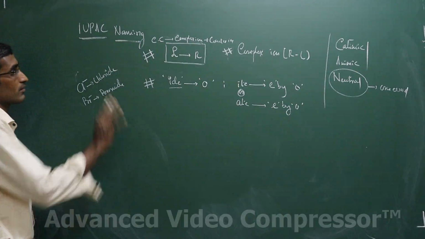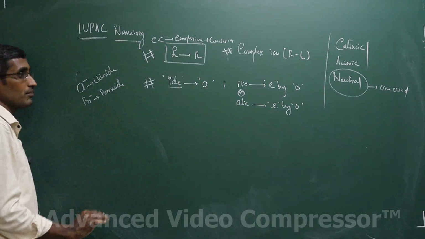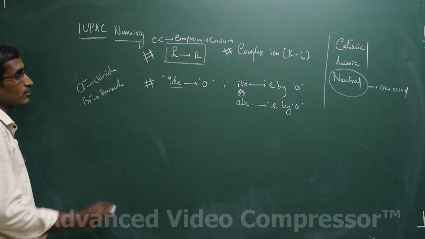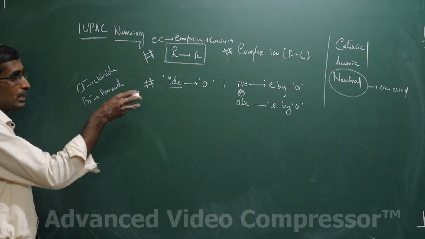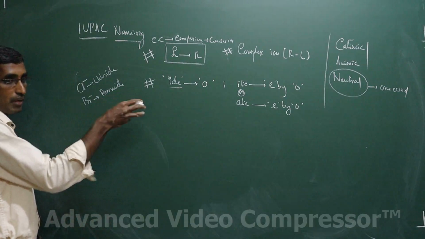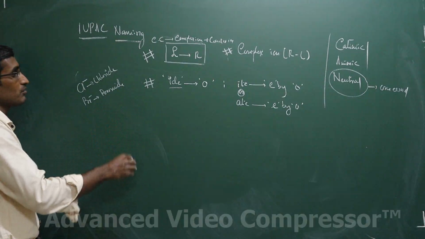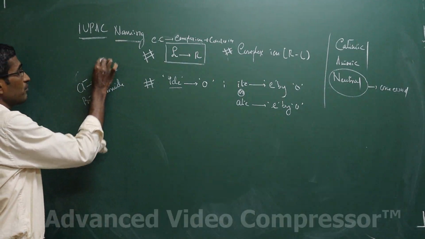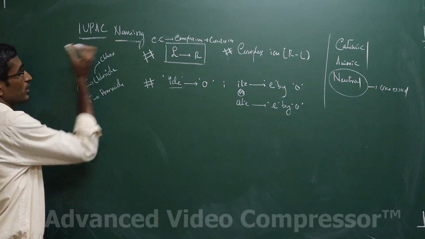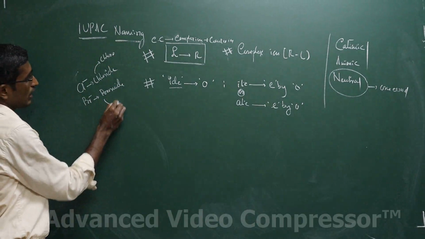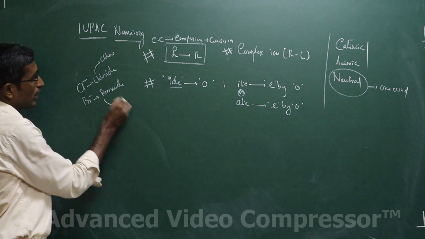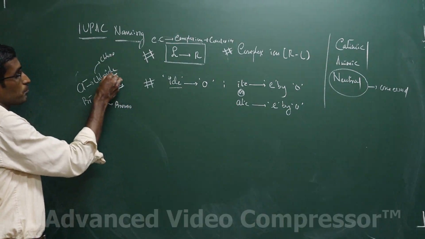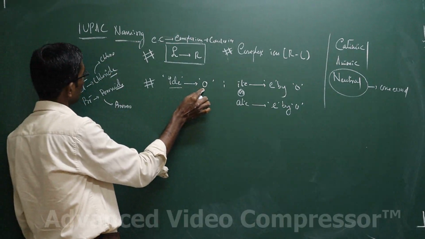So the first rule is left to right, the second rule is right to left, and the third rule is about naming the ligand. So what has to be done? If it is a chloride ligand, it will be named as chloro. If it is a bromide ligand, it is named as bromo, right? IDE has to be replaced by O.